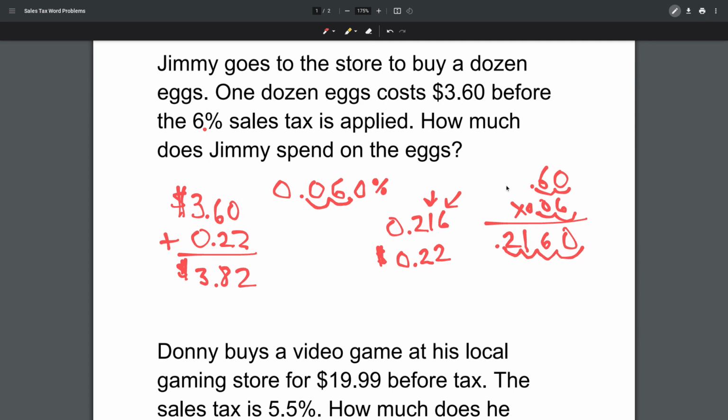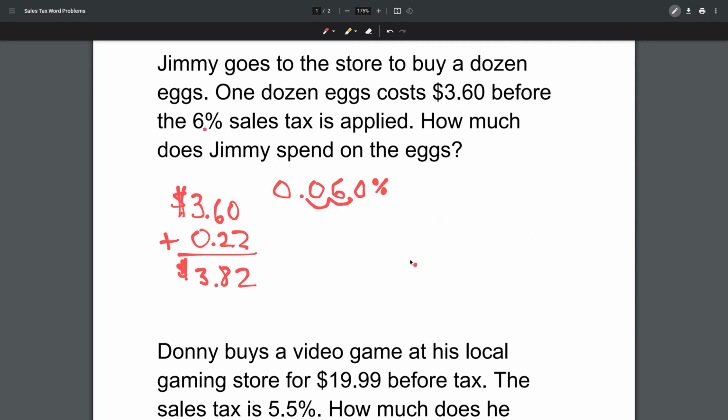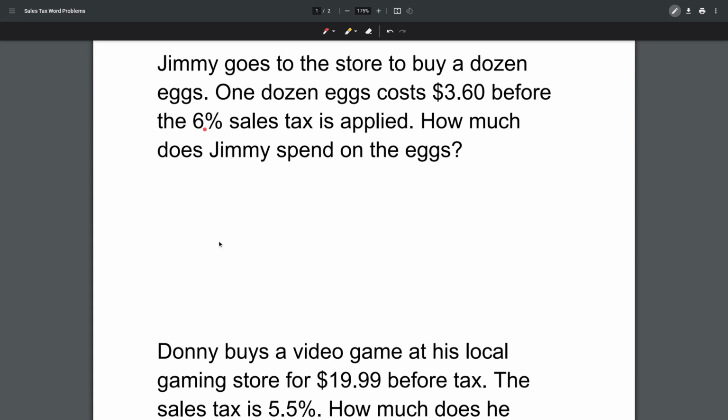The other way is to just multiply by the 100% that the original costs plus the 6% tax. And to do that, we take our original cost, 3.60, and we multiply it by the 100%, so 1.0 is 100%, plus the 6%, so it's 1.06, okay?